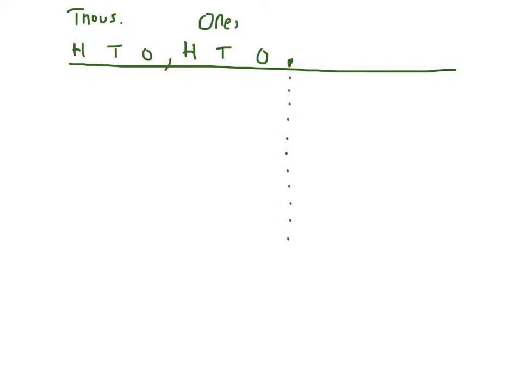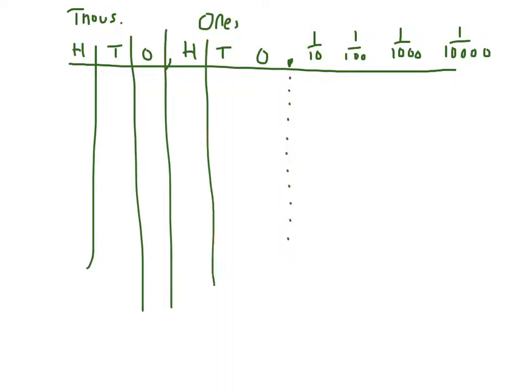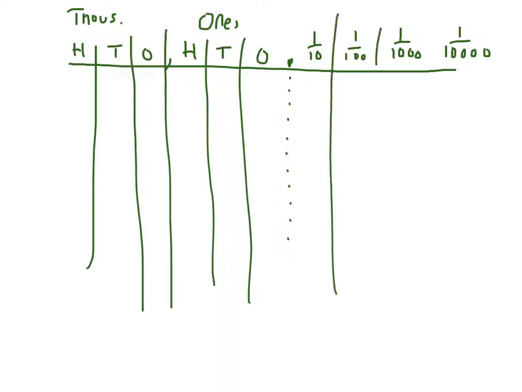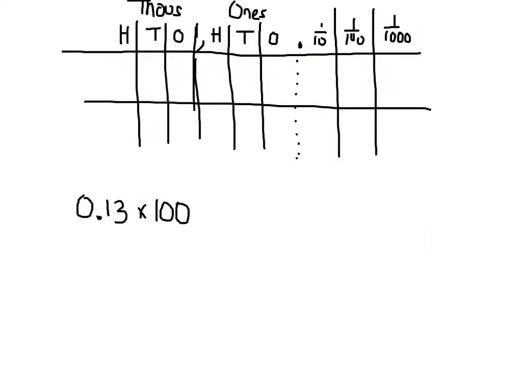Then on the decimal side, I have my tenths, my hundredths, my thousandths, my ten thousandths, however far I want to go. And we can just draw our vertical lines like so. So I quickly rewrote my chart here to give me some room at the bottom to work from.